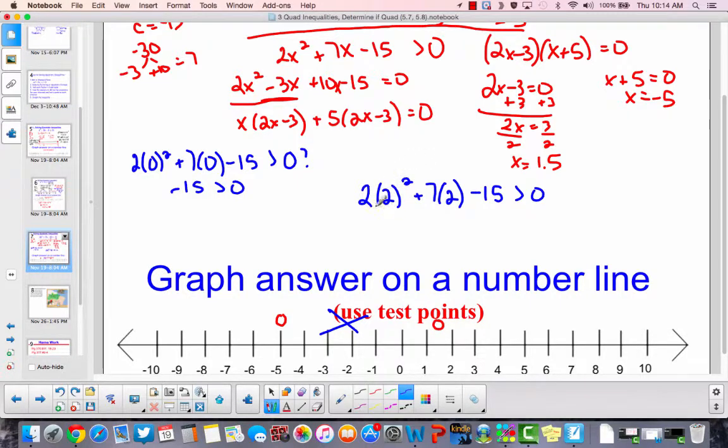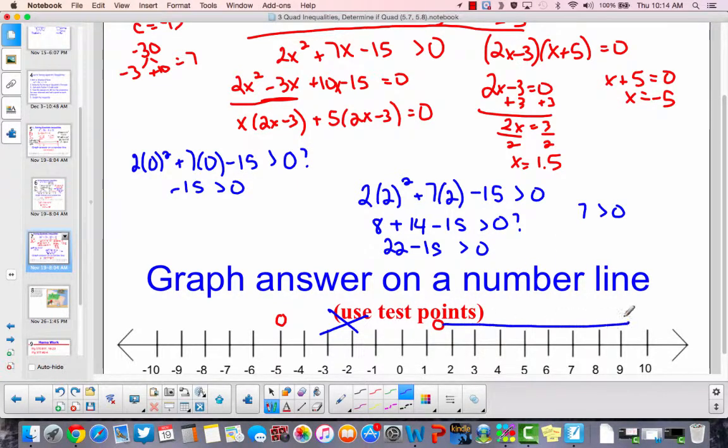Again, make sure we square this first. 2 squared is 4, times 2 is 8. 8 plus 14 minus 15, is that greater than 0? 8 plus 14 is 22, 22 minus 15 is 7. Is 7 greater than 0? Yes. So I can have things on this part of the line.